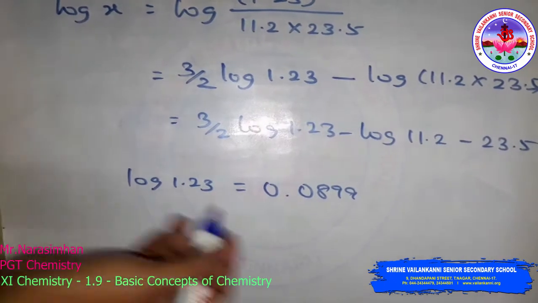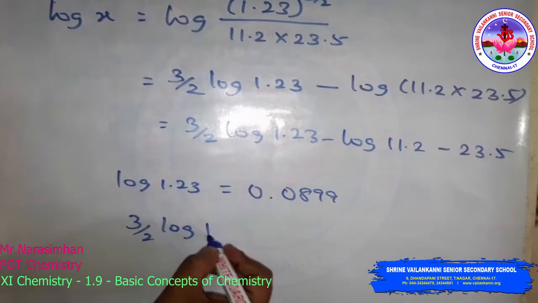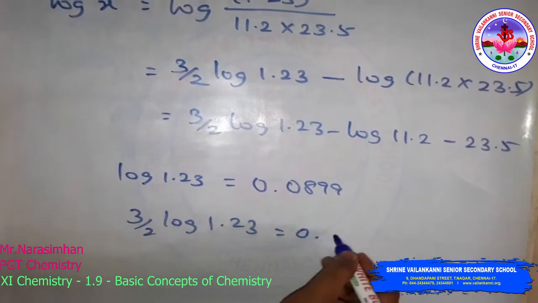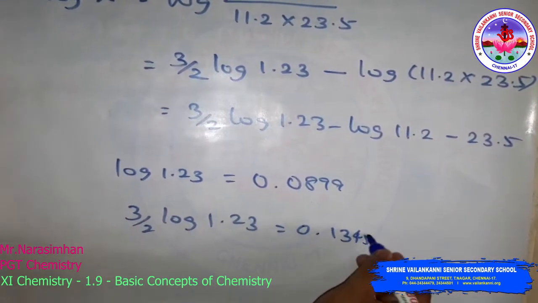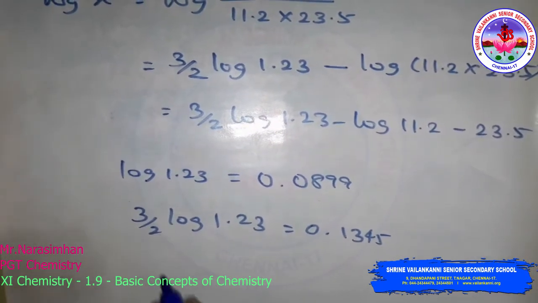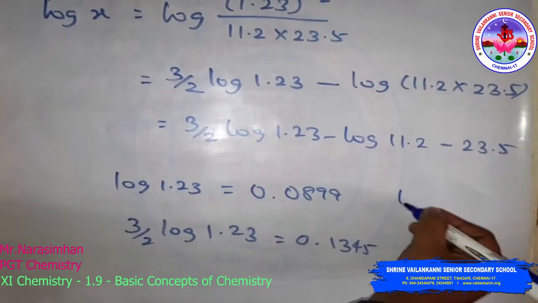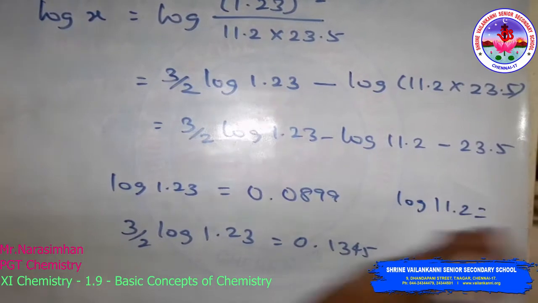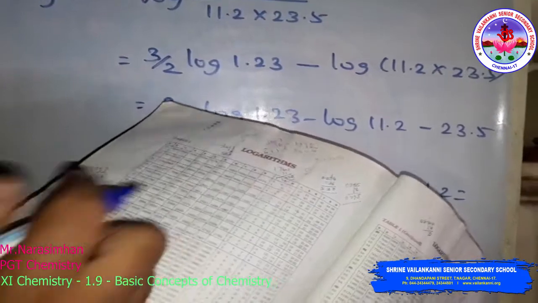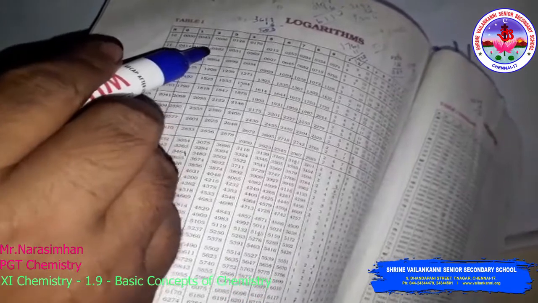So 3 by 2 log of 1.23 will become 0.1345. Now log of 11.2, I will tell you. The value for 11.2 is 0453, logarithms of 11 to 0492.